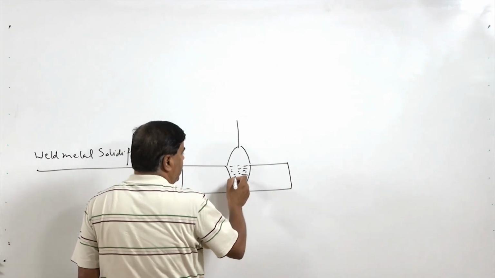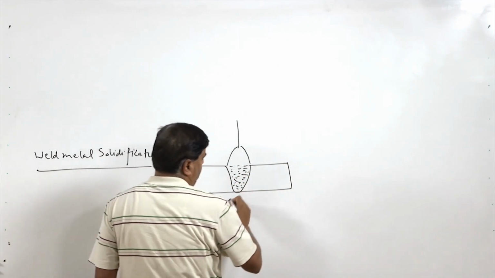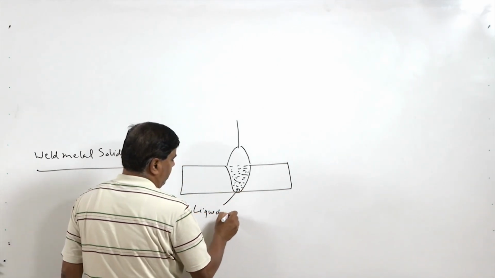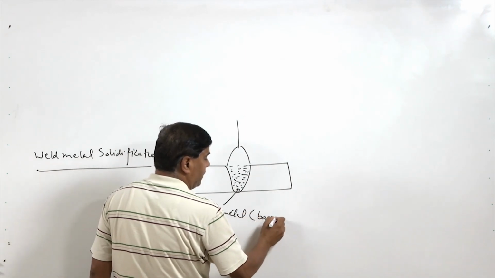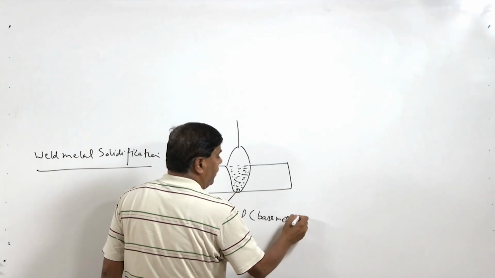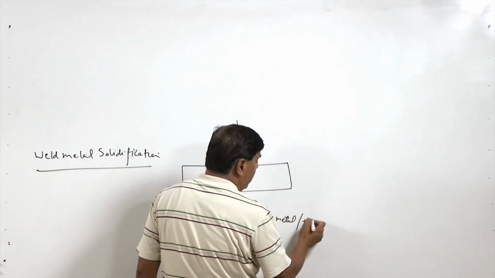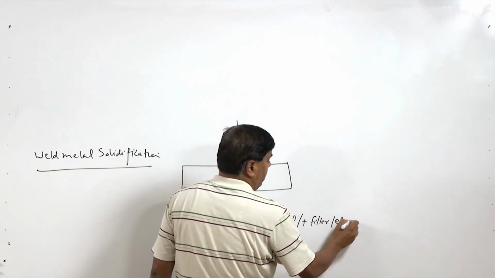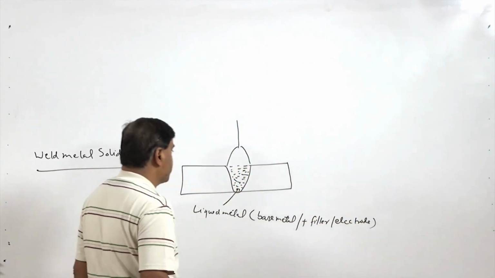So, this portion of the liquid metal is either from the base metal fusion, plus it may be from the filler or electrode in case of the consumable electrode or consumable arc welding processes.